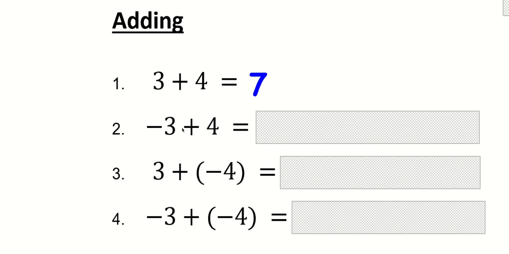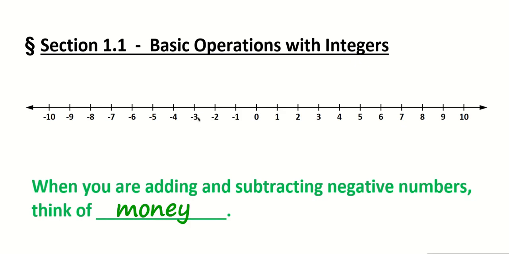But this is where you might start to get into a little bit of trouble: -3 plus 4. Again, it helps to think of a number line, starting at -3. You can think of having -$3, like you're $3 in the hole, in debt $3. If you add to that, you're moving to the right.